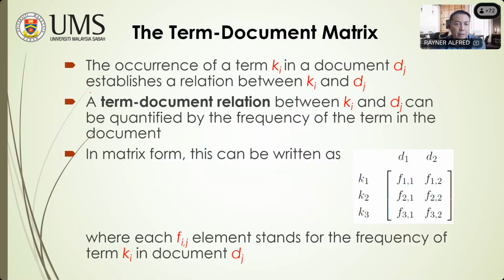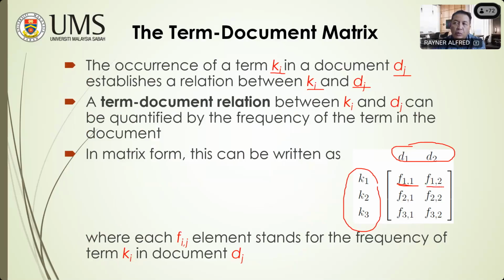For example, the occurrence of term K1 in a document Dj establishes a relation between K1 and Dj. For example, this is your document D1 and D2, and this is the keyword. The value that we have here is the weighting for keyword 1 in document 1.